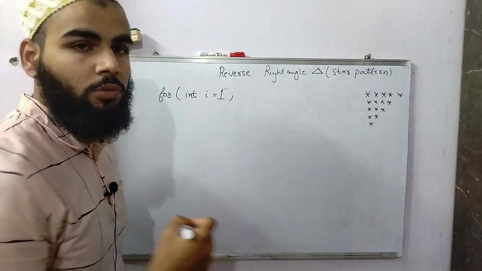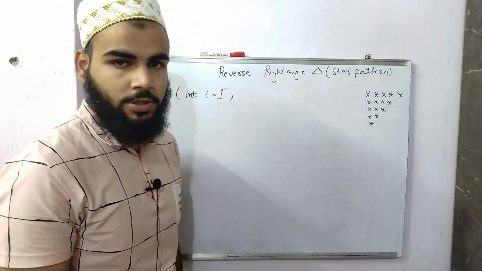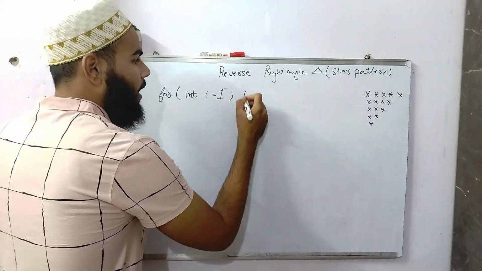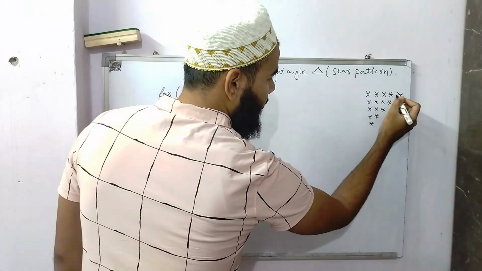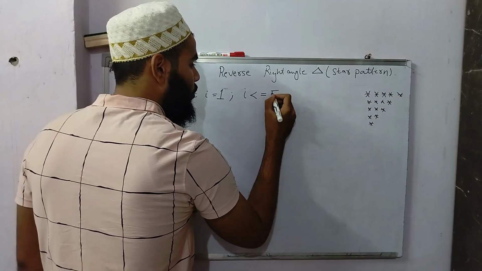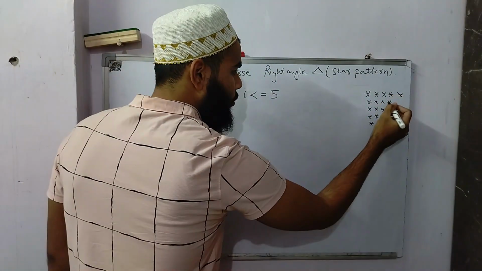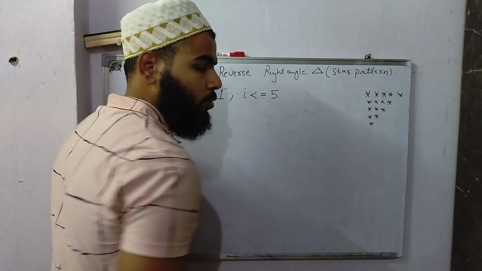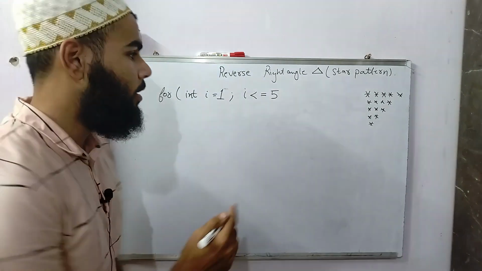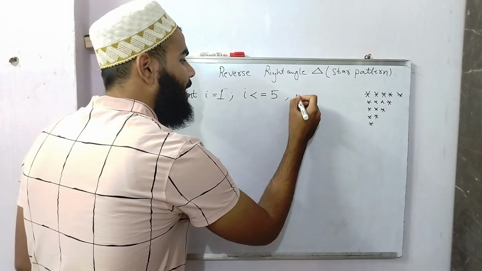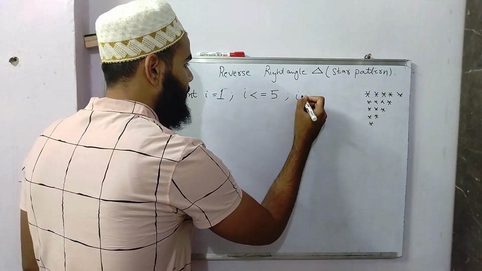After that, the second thing is the test statement: i is less than or equal to 5. The upper bound is 5, so we have to run this loop 5 times: 1, 2, 3, 4, 5. So from 1 to 5, total 5 times the loop will run. And after that we will increment the value of i, right?